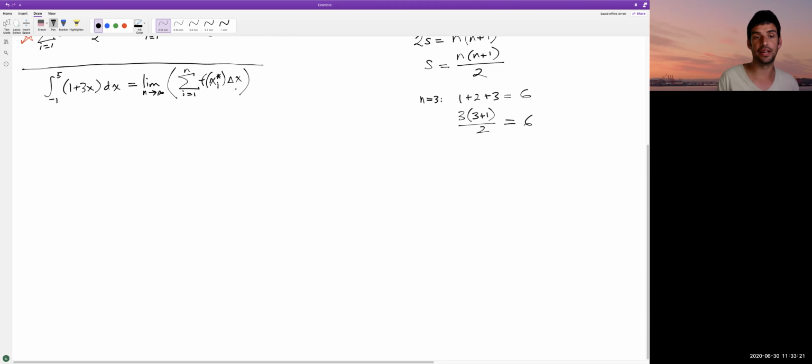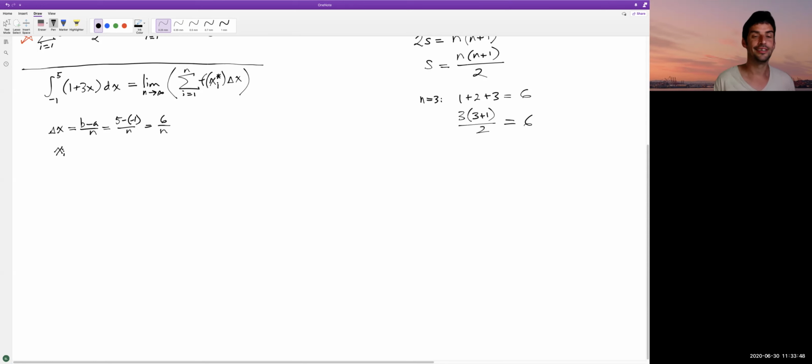I'm just going to go through and figure out what each of these pieces are. Delta x, remember, is b minus a over n. b is 5, a is -1, so I have 5 minus -1 over n, which gives me 6 over n. Okay, there's my delta x.